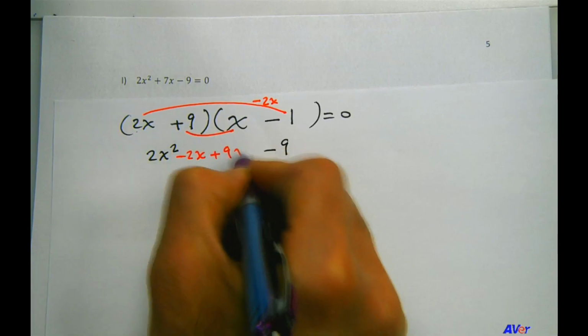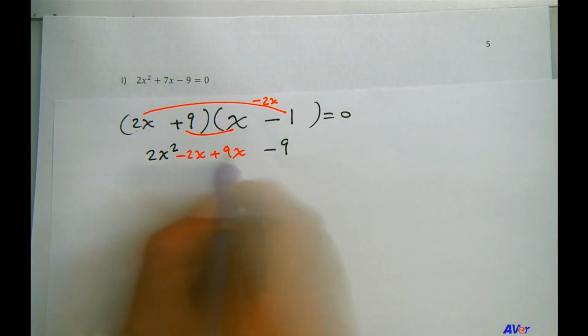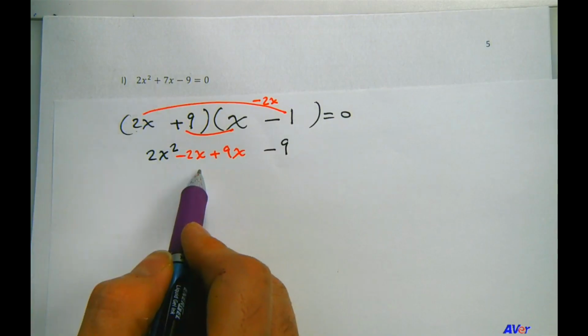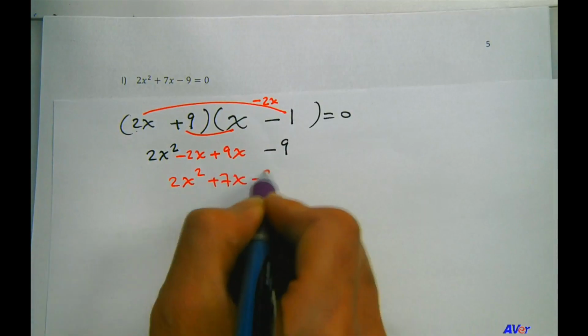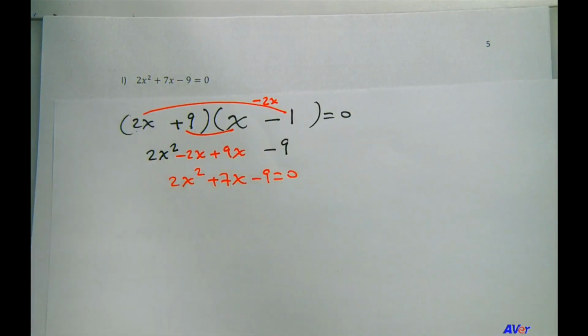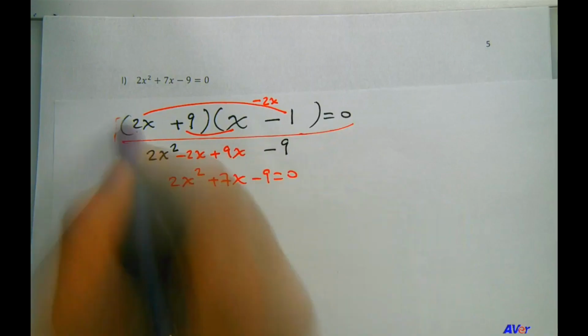Add these two, you get positive 7x. So we get 2x squared plus 7x minus 9 equals 0, which is what we have. So this is the correct factorization. Okay, so I'm going to write that down.